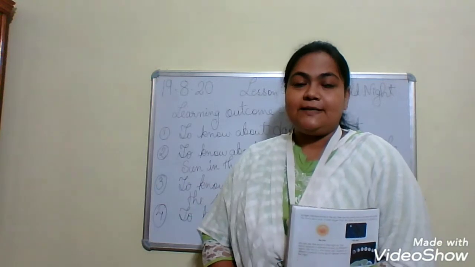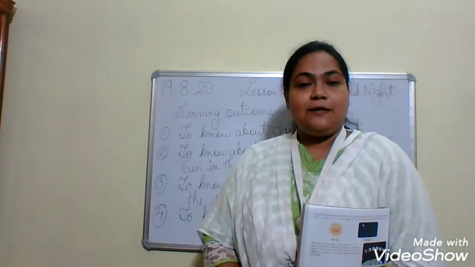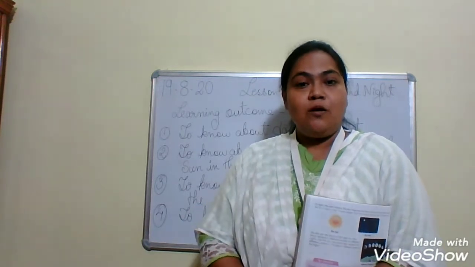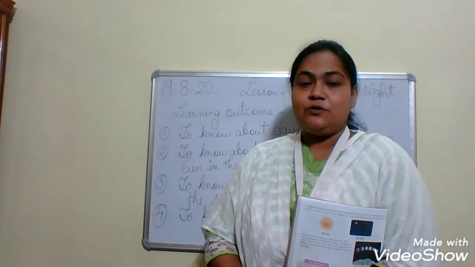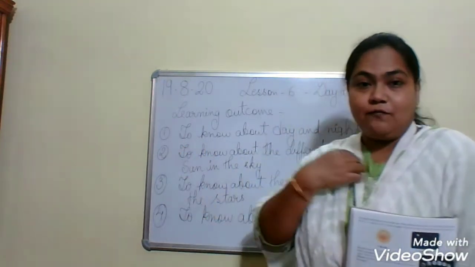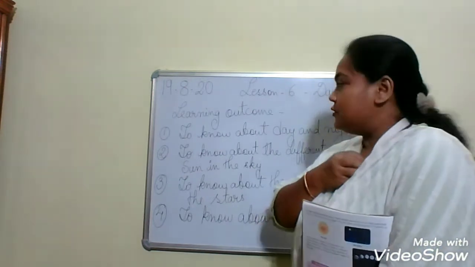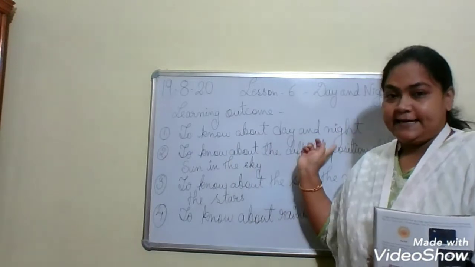Before we start the lesson, there are some learning outcomes, that means things which you can know at the end of the lesson. So it's very important. Let's have a quick review of it. Number 1, to know about day and night.